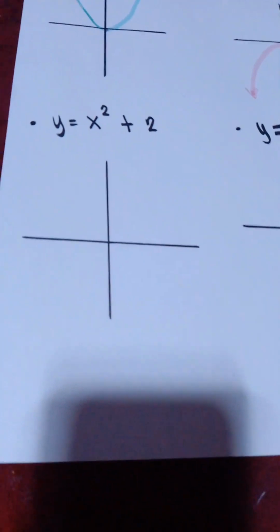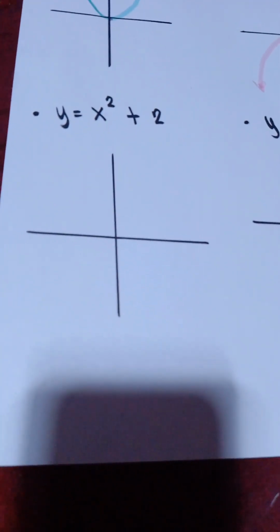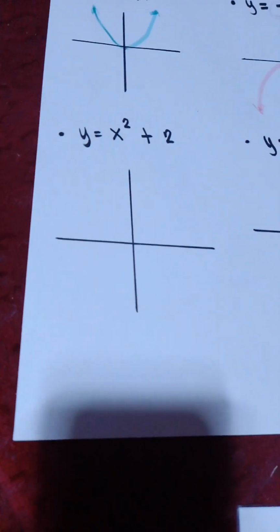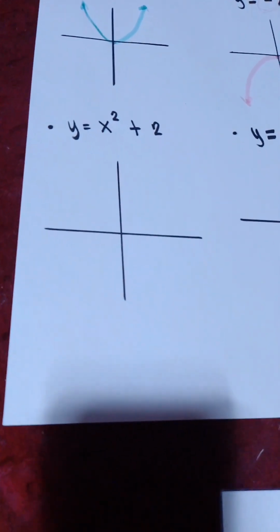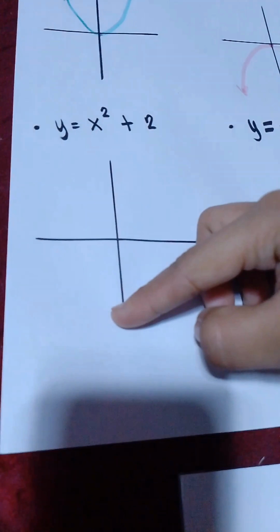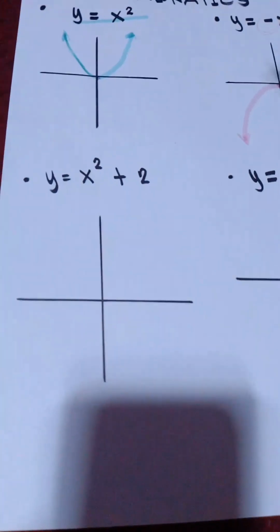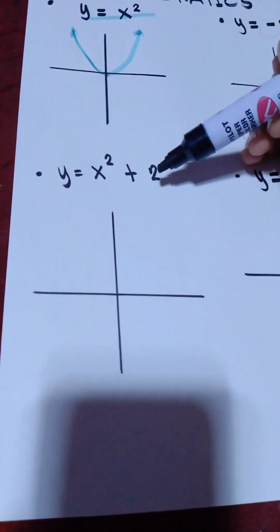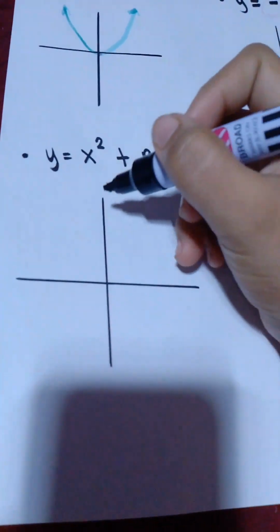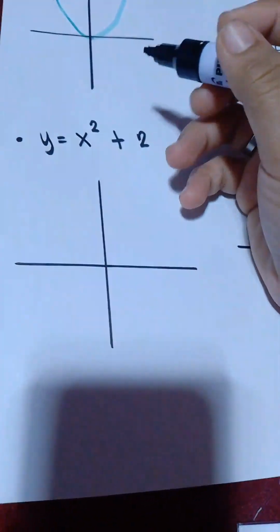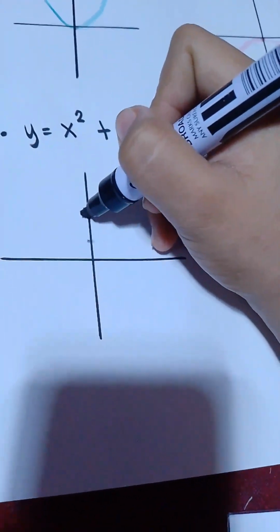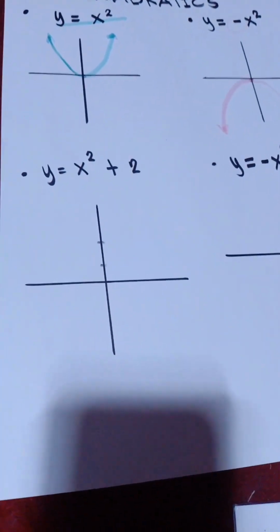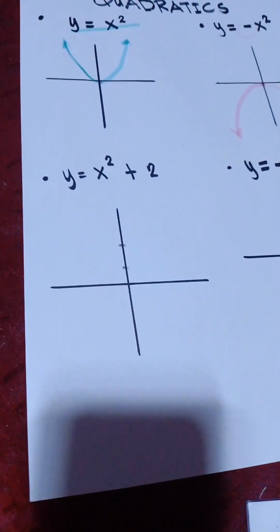Next we have y equals x squared plus 2. Here, we are going to graph this along the y-axis. Since it has a y-intercept of 2, we're going to start the sketch at the 2, and then it opens upward.